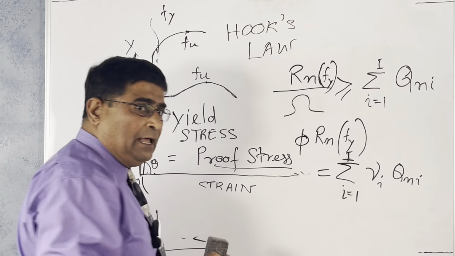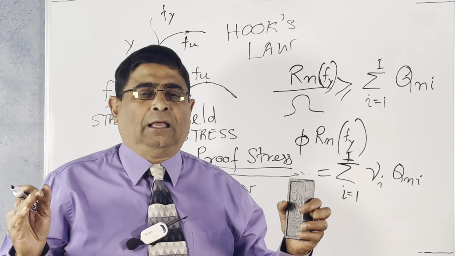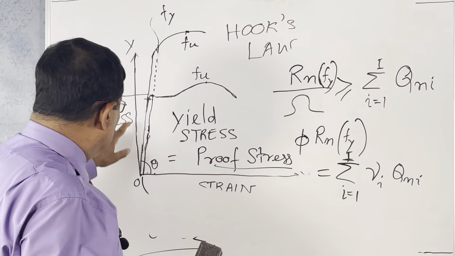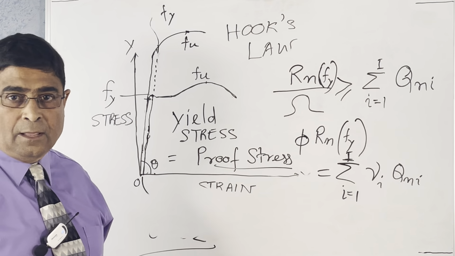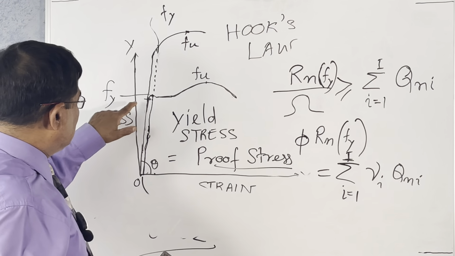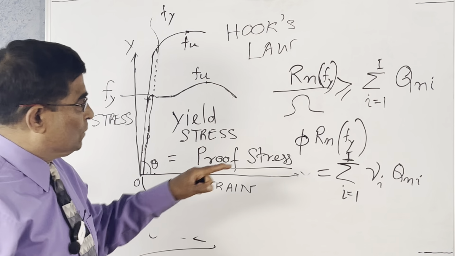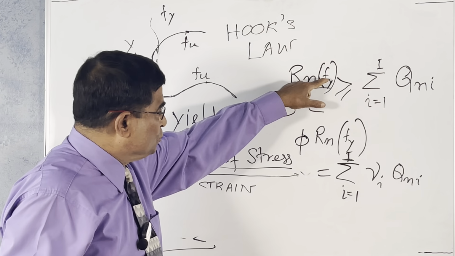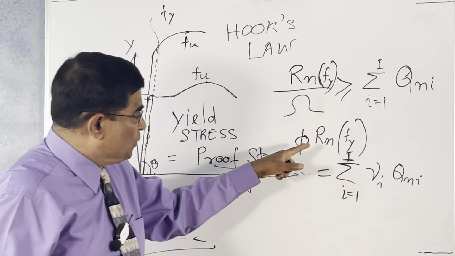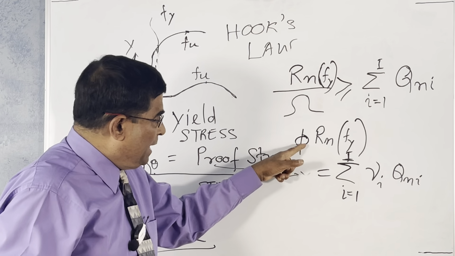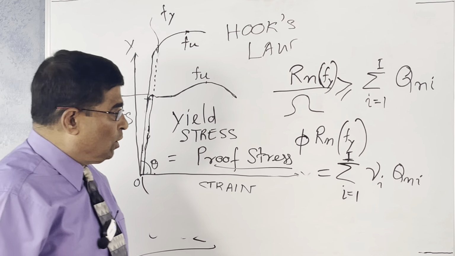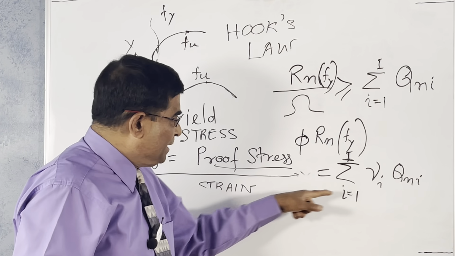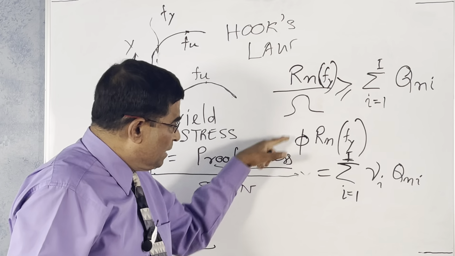This is the maximum possible capacity of the section that relates to the yield stress. But the point is this: we do not let the stress go up to Fy, because we are dividing it by a factor of safety to reduce the effect of Fy. Similarly, we are multiplying by a resistance factor. Not only that, the gamma factor reduces this further.